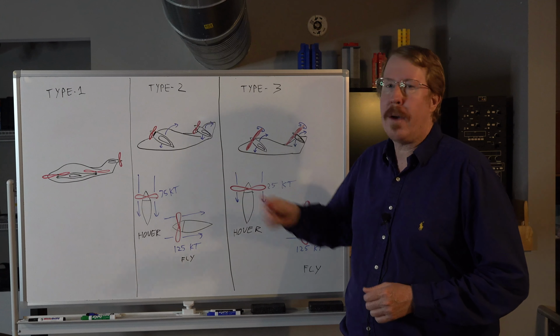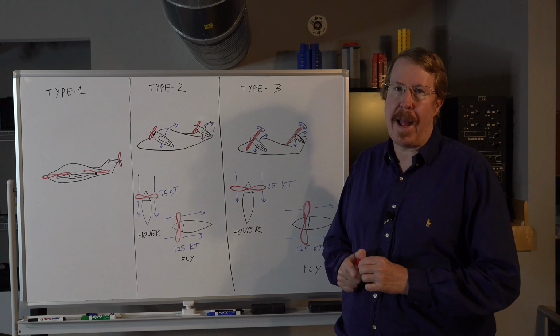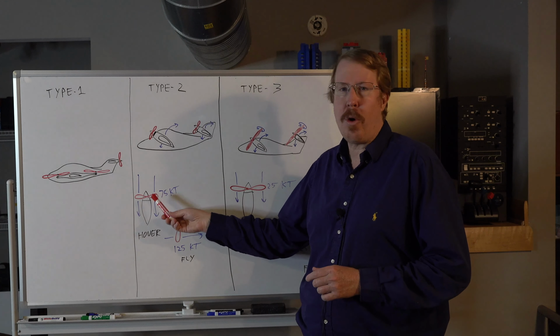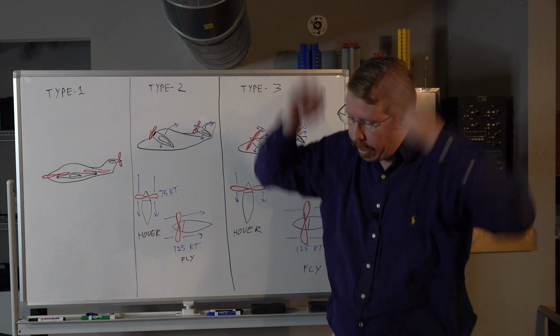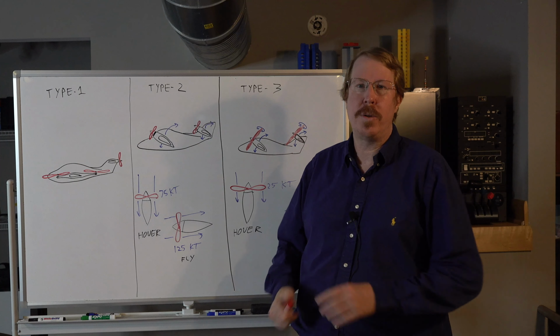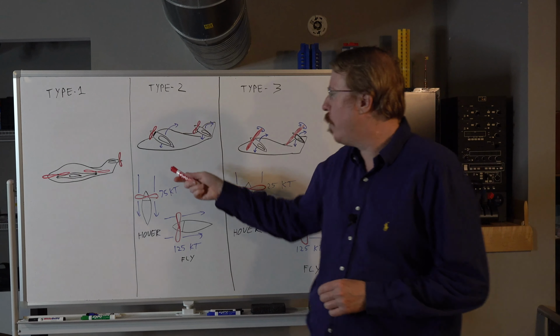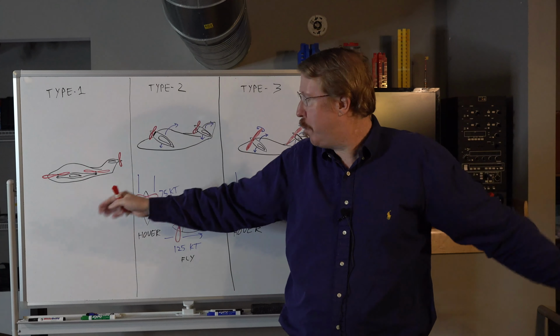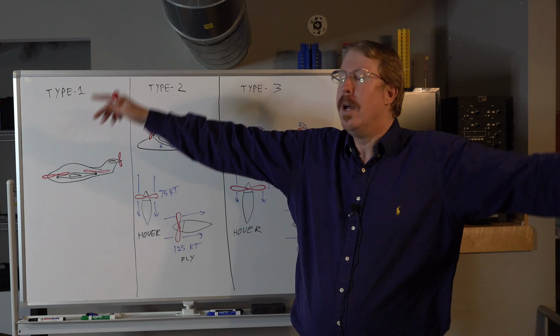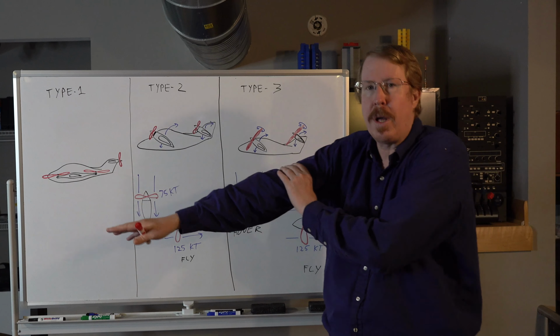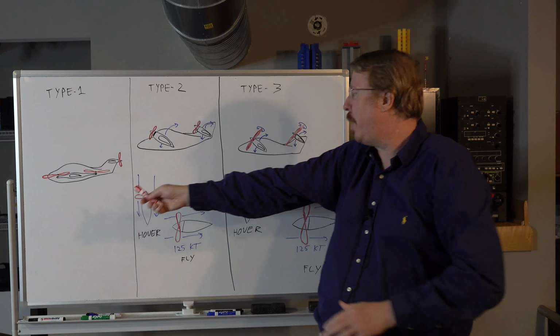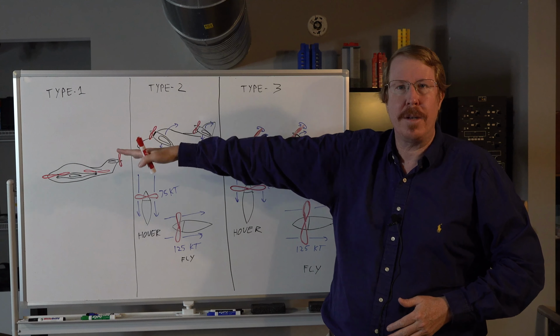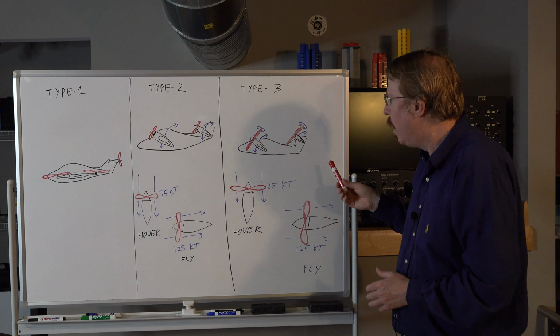And these aircraft are always going to have a terrible hover power requirement, because these small props are going to have a huge delta V, which, as you know, is a huge power requirement. So how do we solve this? The answer is we go for a nice big prop to get a low delta V. But then that big prop cannot handle both hover and cruise because it's such a wide speed range. You have to start adjusting the pitch of the props to handle the varying speed, and that takes us to the Type 3.